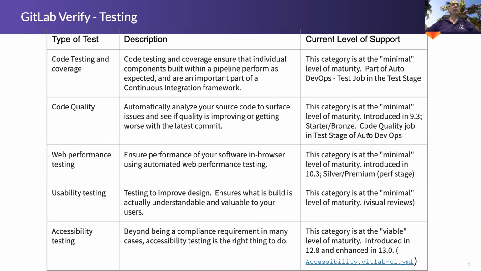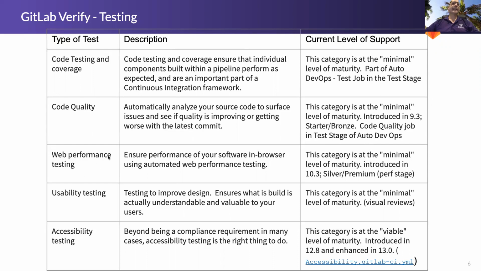Once again, you can call the code quality job. It's actually part of the test stage in Auto DevOps, but there's the YAML out there. All you have to do is include that in your pipeline or your main YAML to be able to call code quality jobs.